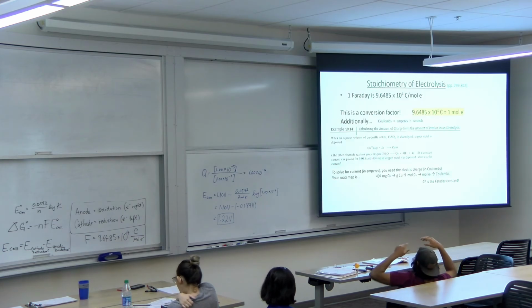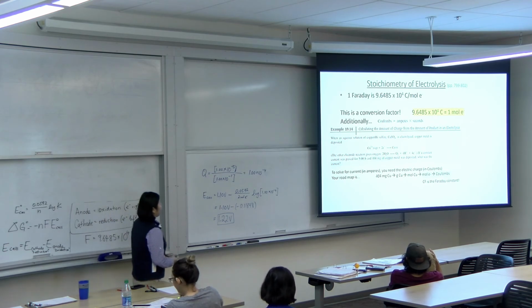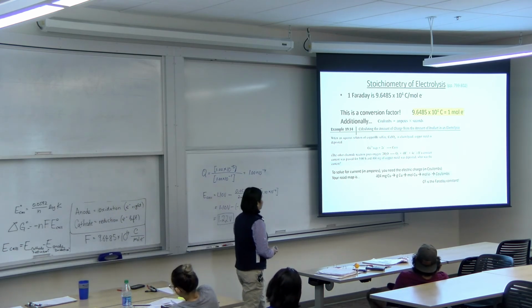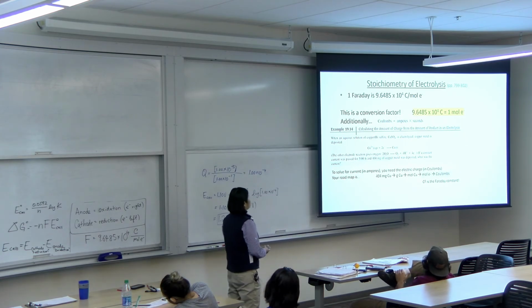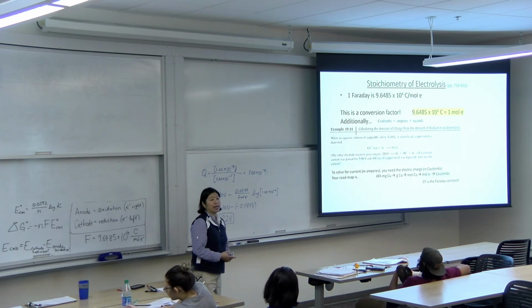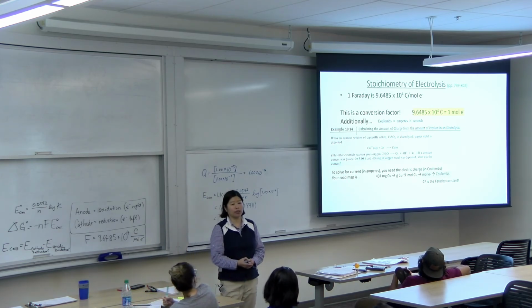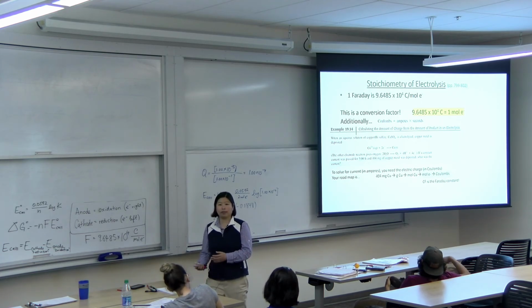No questions. All right. Last but not least, we do have the stoichiometry of electrolysis, where 1 Faraday is equal to 9.6485 times 10 to the 4th coulombs per mole. Does that look like a conversion factor? The units are coulombs divided by moles of electrons.